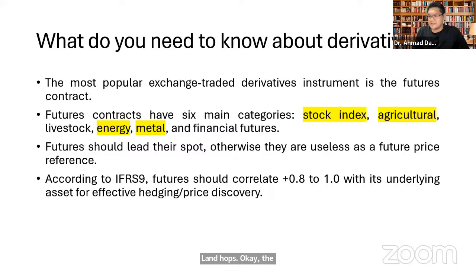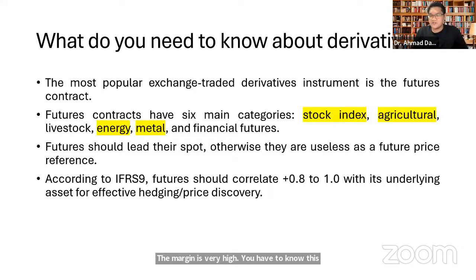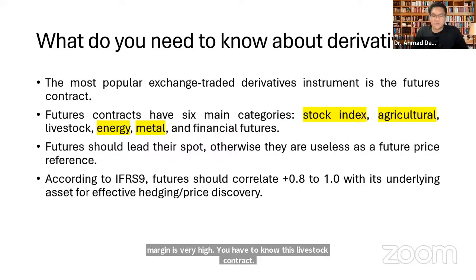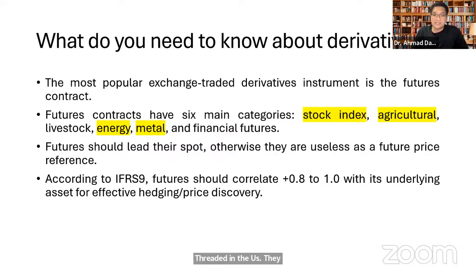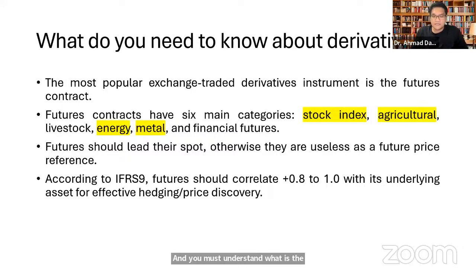They also have, I think, a futures contract for cow. That is for livestock. But last time we didn't really have many traders playing livestock because the margin is very high. Those livestock futures contracts are traded in the US, denominated in US dollars, so they are very expensive. And you must understand the mechanics of the price dynamics for livestock.